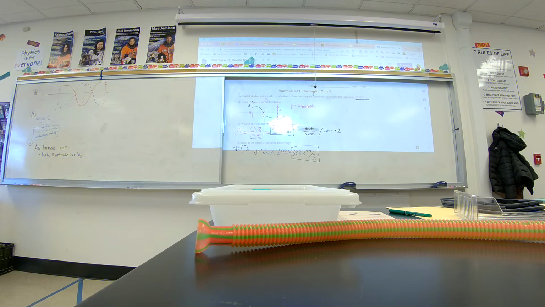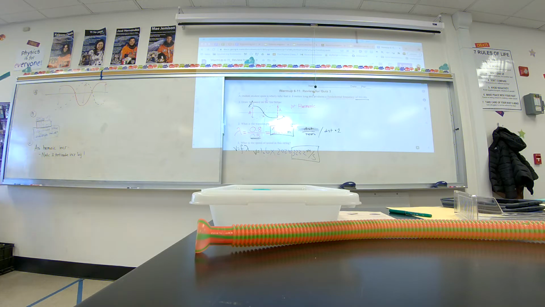Now, there's 2 ways to do this. And Colin did it by the fact that frequencies and harmonics are always multiples of the fundamental frequency. So if our fundamental frequency is 202 hertz, if I double the 202 hertz, I get 404 hertz.